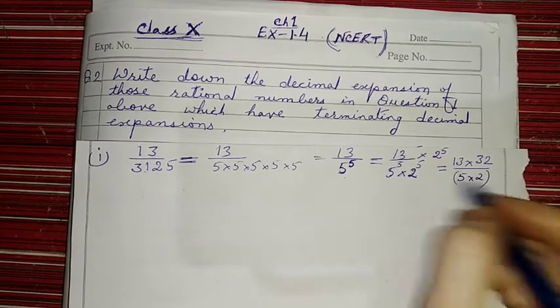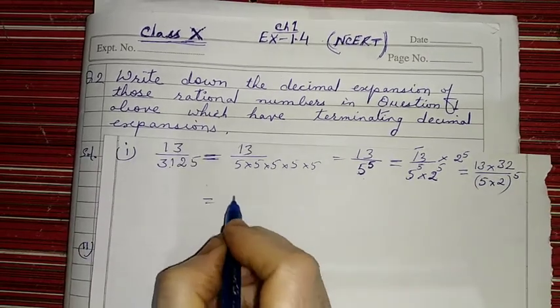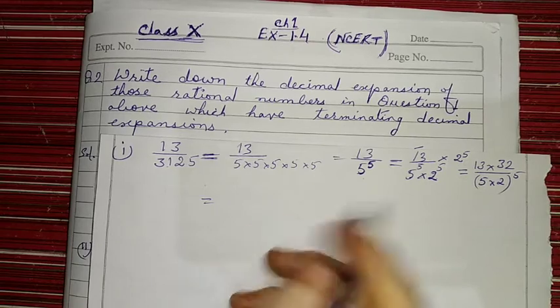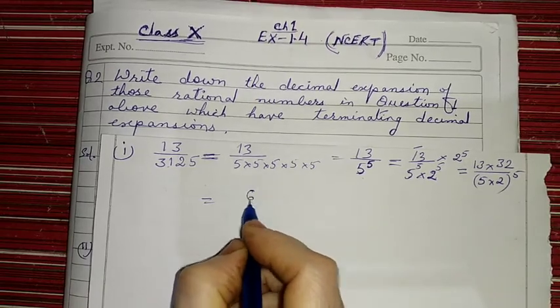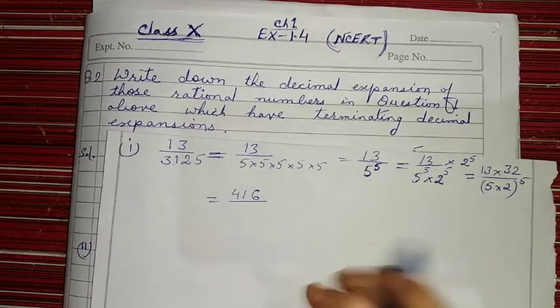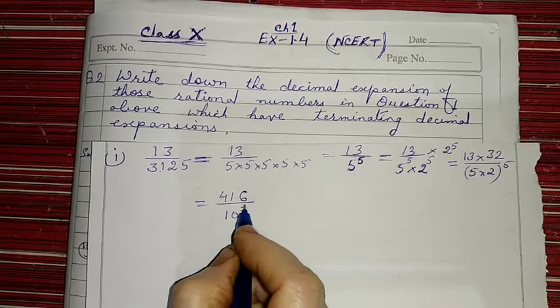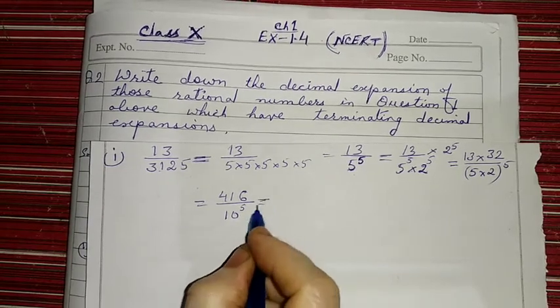This is the rule of indices. So 13 into 32 is 416, divided by 2 into 5 to the power 5, that is 10 to the power 5. This is a multiple of 10.